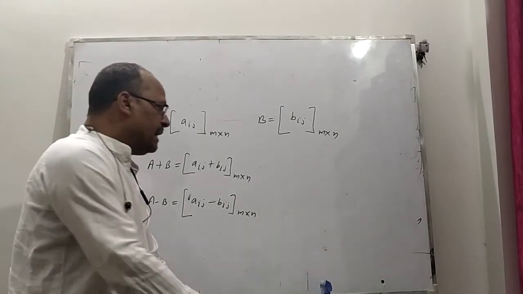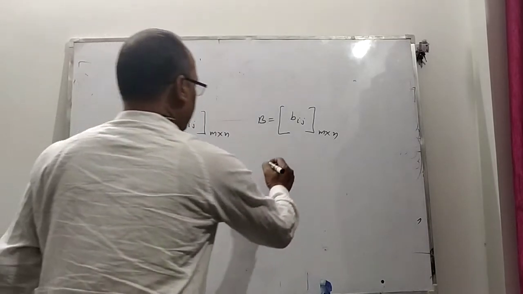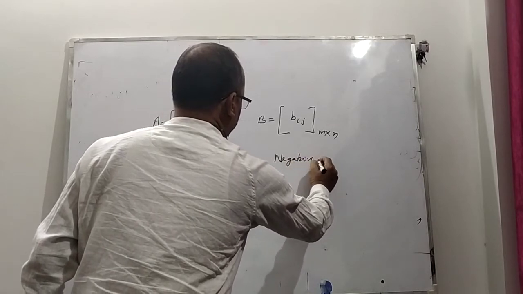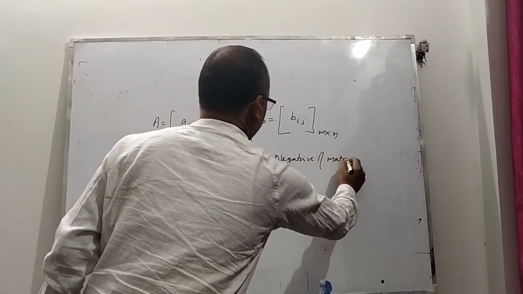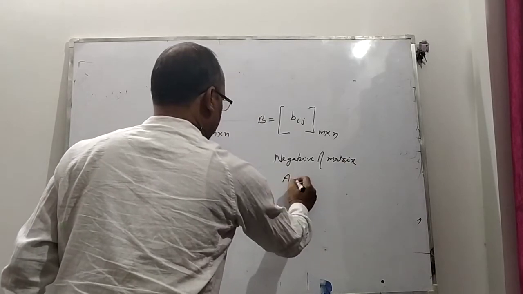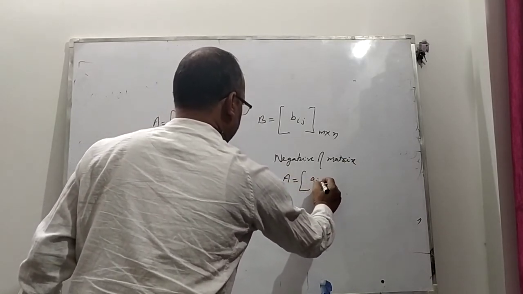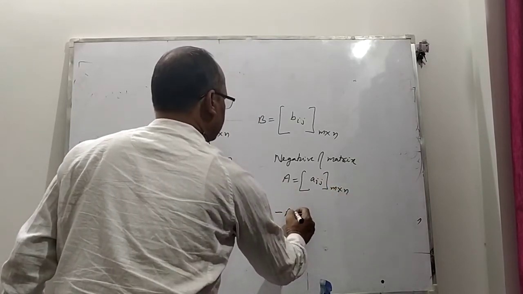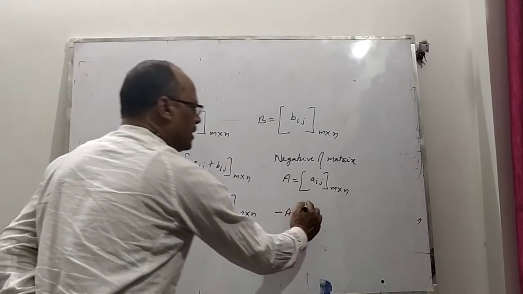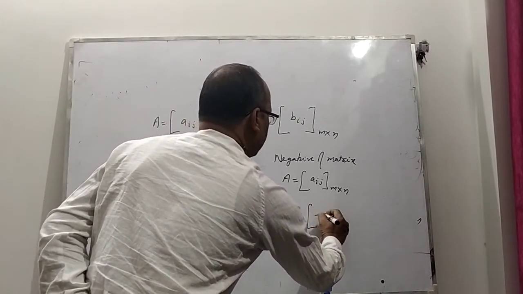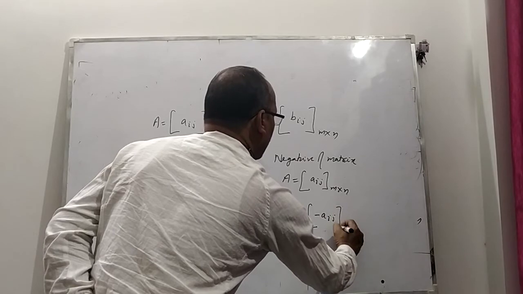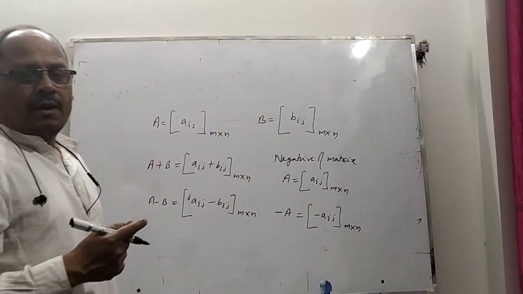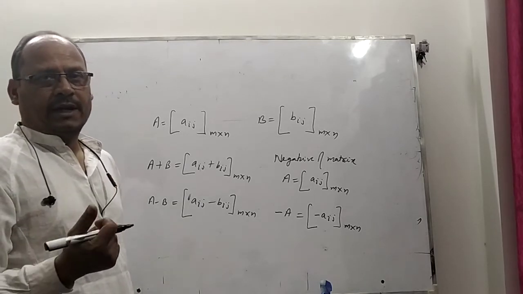So, the negative of a matrix. Suppose any matrix A is given, Aij of order M cross N, then the negative of this matrix we can write as minus Aij of order M cross N. It means each element of the matrix will become negative, meaning the opposite sign. What is negative? It means opposite.